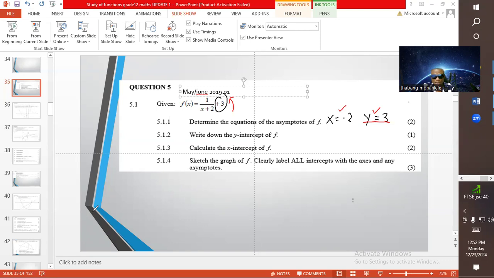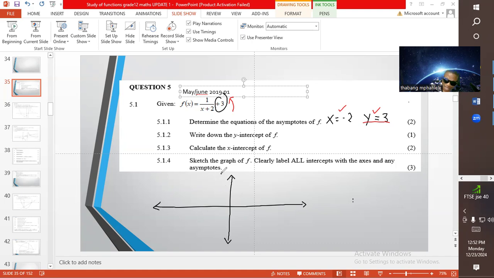So let us deal with question 5.3, which is calculate the x-intercept of f. What is the x-intercept? The x-cut of the graph. So if we have the y-axis and also the x-axis, we believe that our graph, the function f, somewhere cuts the x-axis.